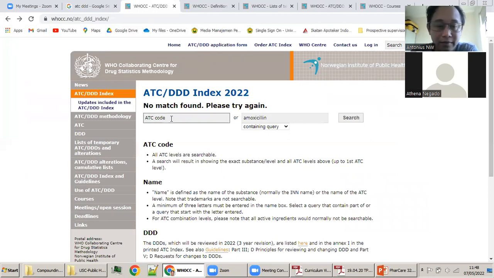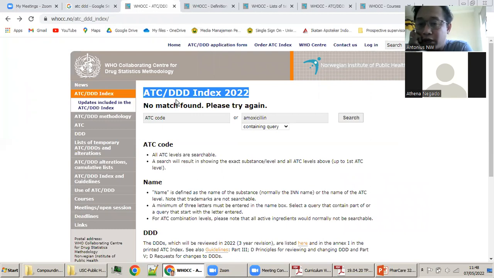So this is the website. Let me show you the ATC. The ATC is actually a systematic coding, a systematic classification of every chemical that has therapeutic properties.